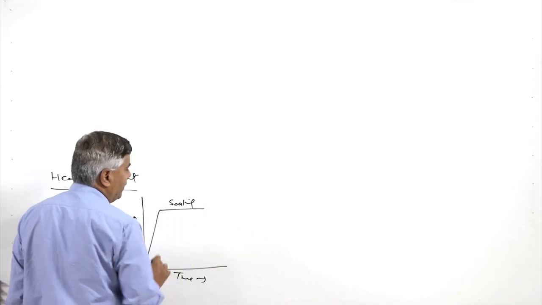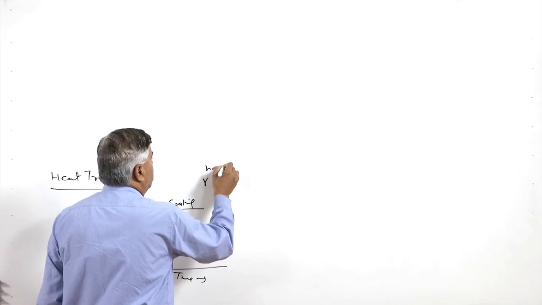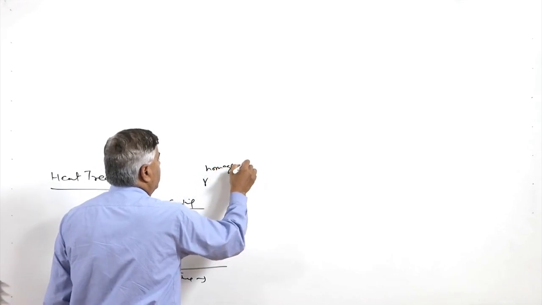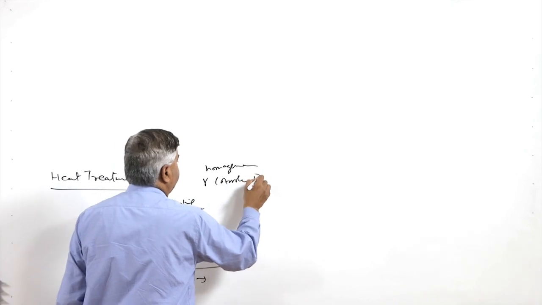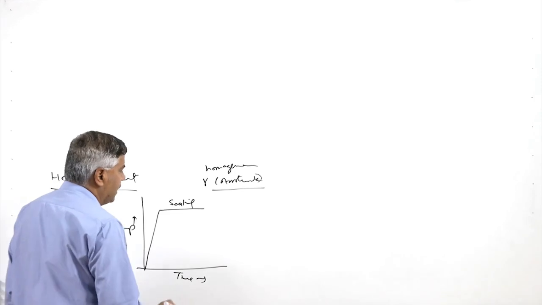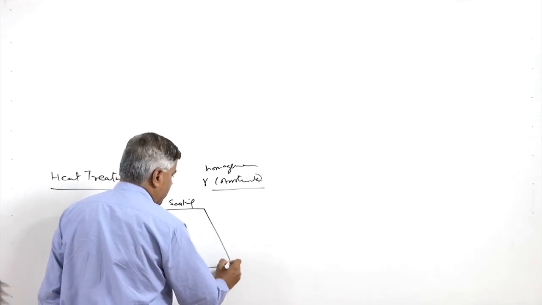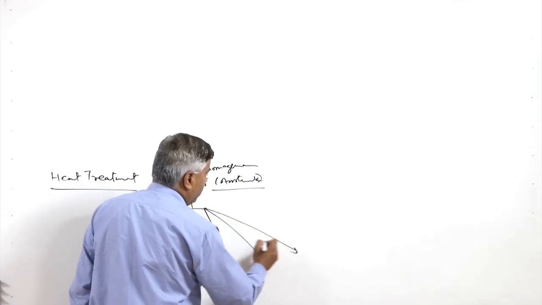This is called soaking. Soaking is basically done for producing the homogeneous austenite, so that it is available for transforming into the desired phases, and then as per the kind of properties and phases desired, different cooling rates are applied.